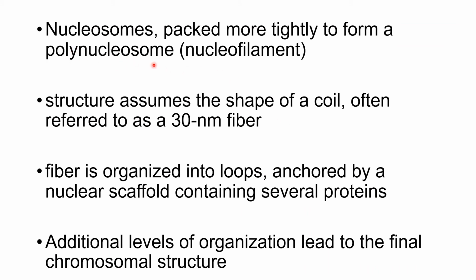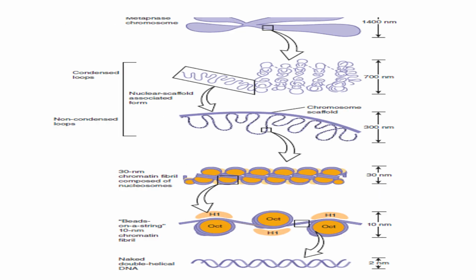The polynucleosomes form the nucleofilament, and they assume the shape of a coil, often referred to as the 30 nanometer fiber, and these fibers are now organized into loops anchored by a nuclear scaffold containing several proteins, and an additional level of organization leads to the final chromosomal structures.